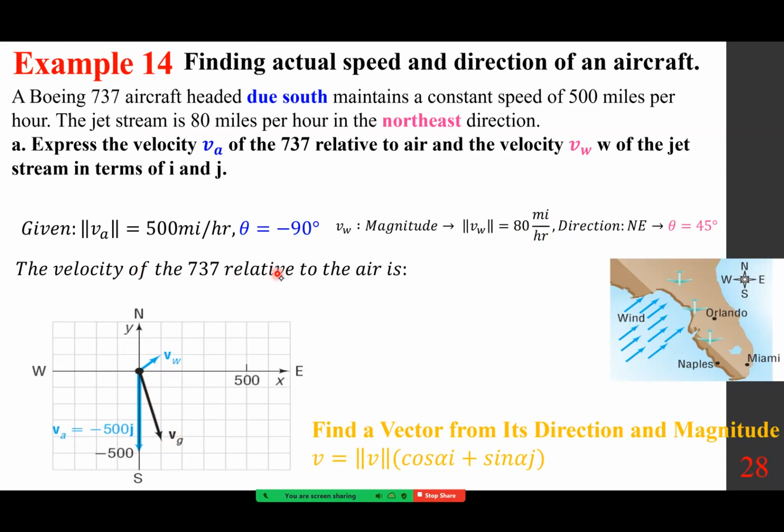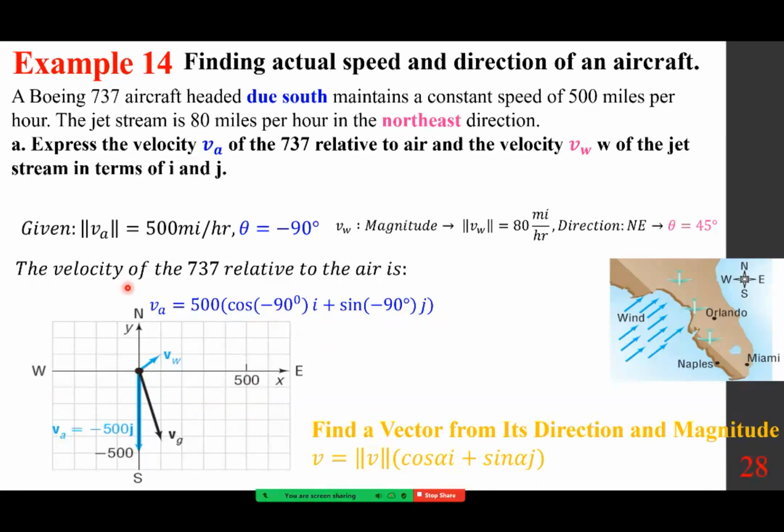So the velocity of 737 relative to the air is minus 500 J, because 500 times cosine of negative 90 degrees I plus sine of negative 90 degrees J. Whether you do it this way or just recognize it's minus 500 J, I just wanted you to see both.